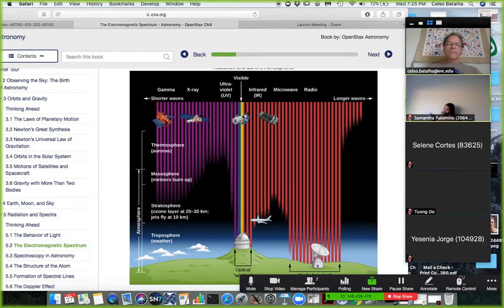We are going to see this later. And using space technology is always a plus. You have a small window of UV, but everything else is blocked out. Our atmosphere, the ozone, blocks most of this type of radiation.